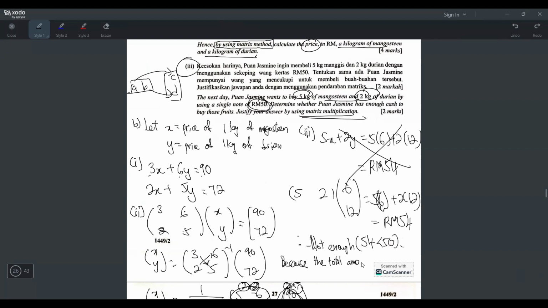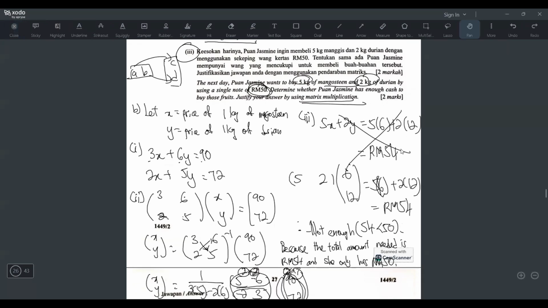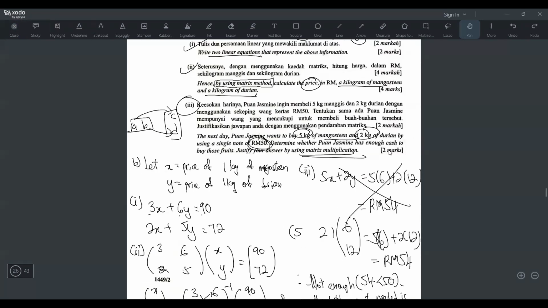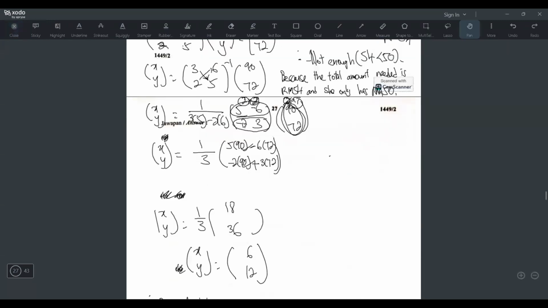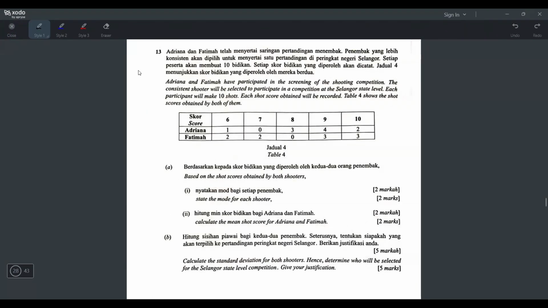The total amount needed is RM54, and she only has RM50, right? Yeah. So that's why lah. That's why it's not enough. Okay. If I'm the one doing it, this is how I would do it. This is how I would just write it. Okay. Sudah siap.